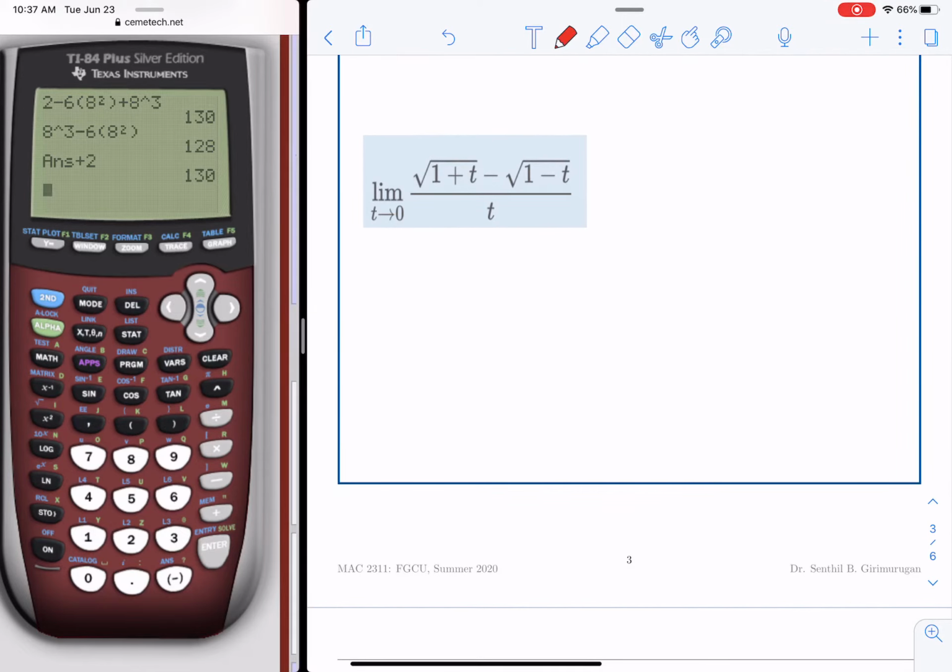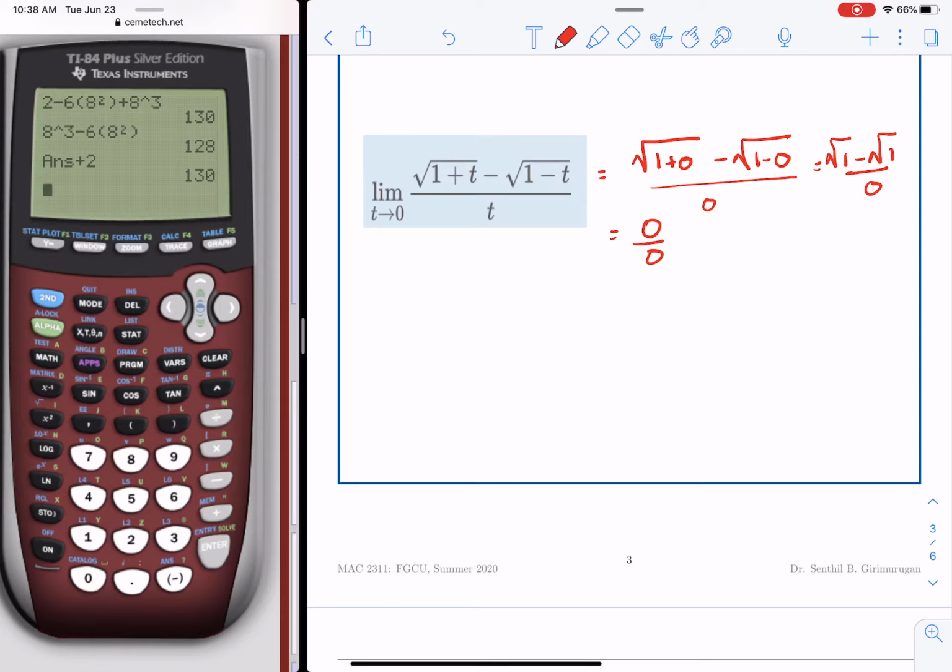So here is an interesting case. If we apply the limit directly to this problem, we would have square root of 1 plus 0 minus square root of 1 minus 0 divided by 0. We'll have square root of 1 minus square root of 1 over 0, which is 0 over 0.